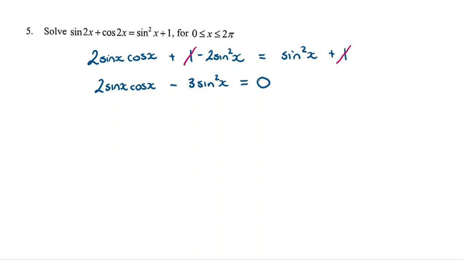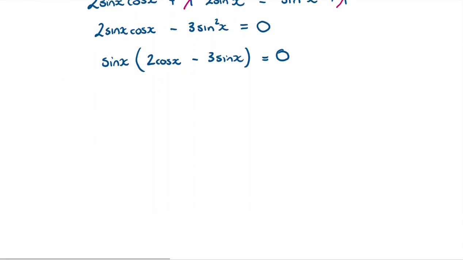And I could factorize that out. So let's factorize a sine x out of both terms. That would give 2 cos x minus 3 sine x, close bracket, equals 0. And here we go with null factor again.